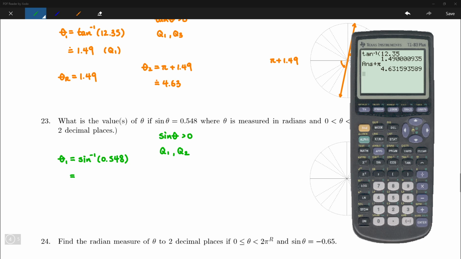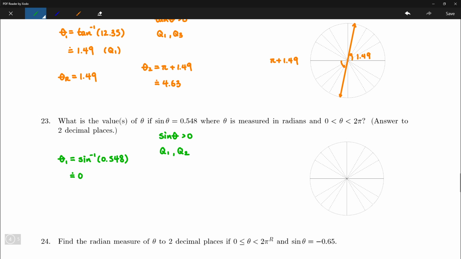So here, second sine and then 0.548. Right. So that rounds to just 0.58. Okay. So let's consider where the solutions will be.